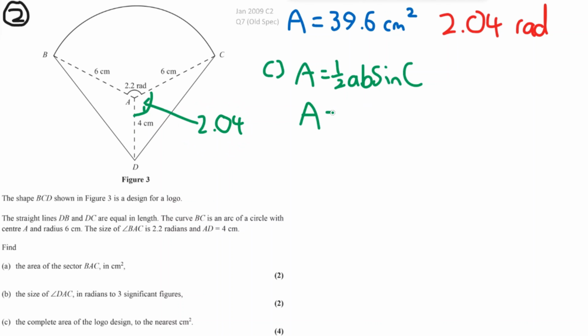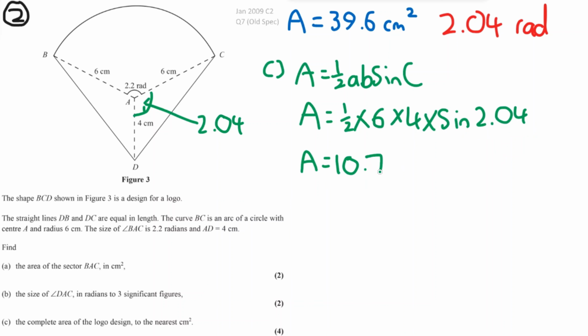So the area is equal to half times 6 times 4 times sin of 2.04. Remember, you just put your calculator into radians mode if you're going to be working in radians, and if you put this into your calculator, you get a value of 10.7. So that's the area of this triangle.